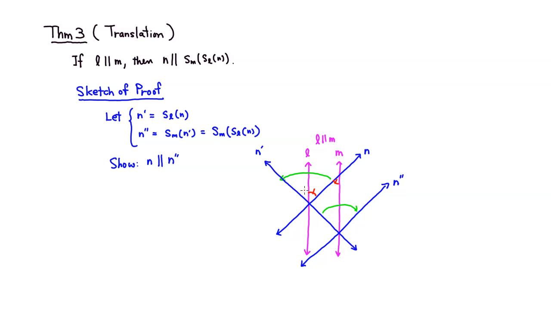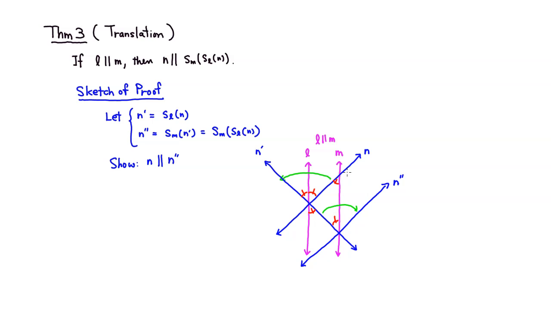so we know that this angle is going to be congruent. Then we have a vertical angle, so we know that this is going to be congruent. Then we can use another Z property here to show that this is congruent.